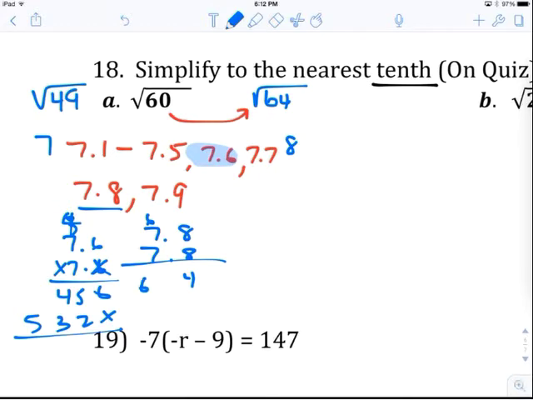Gosh, 62. 56 carry 5. 49, 54. That's over. 60.84. 7.7 times 7.7.